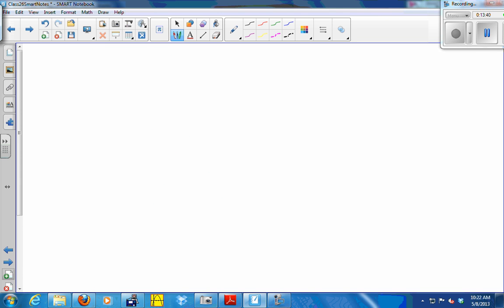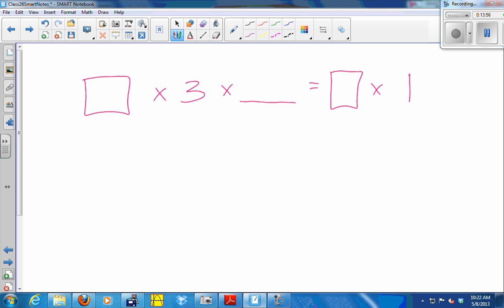So I'm saying, okay, I have some number. To encode it, I'm multiplying by 3, in this example. I'm asking, what do I need to multiply by so that I end up with this number times 1, or something equivalent to 1? Which would be like 27 or 54.